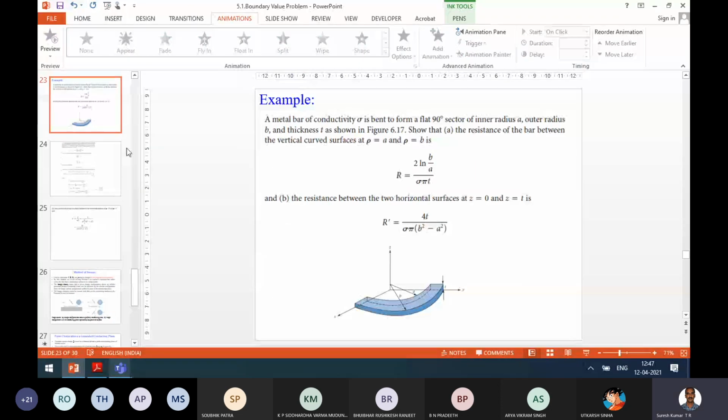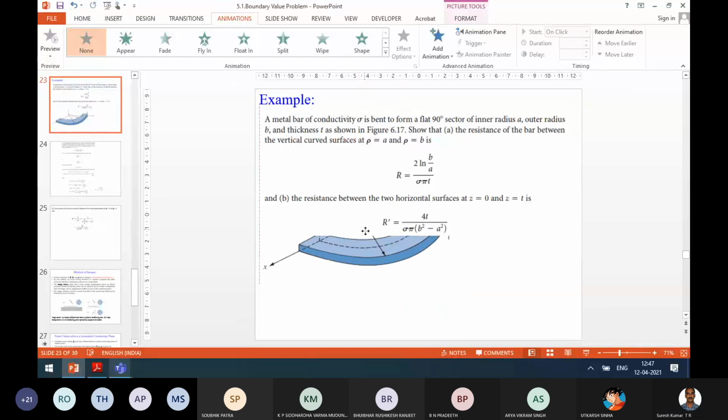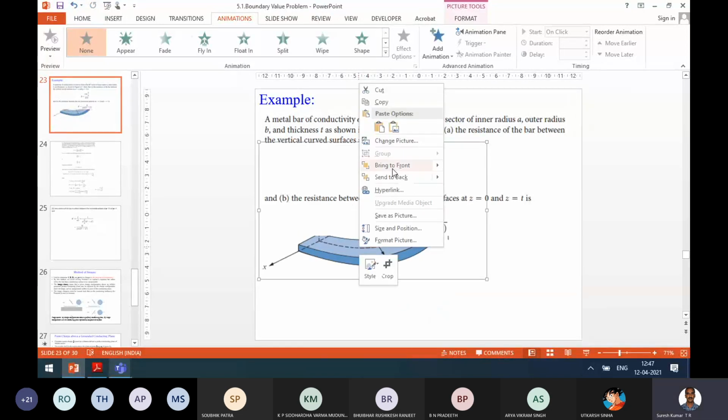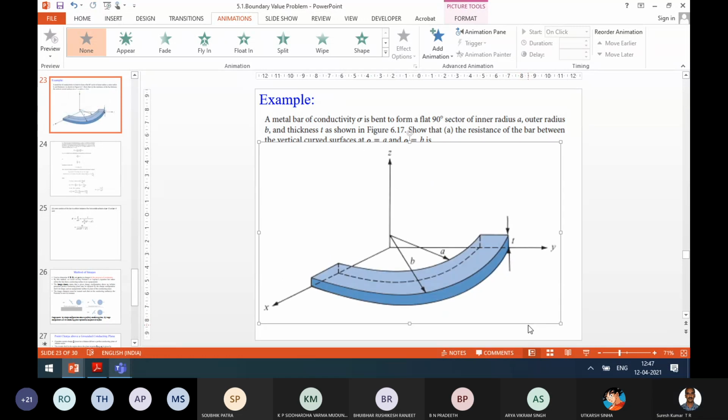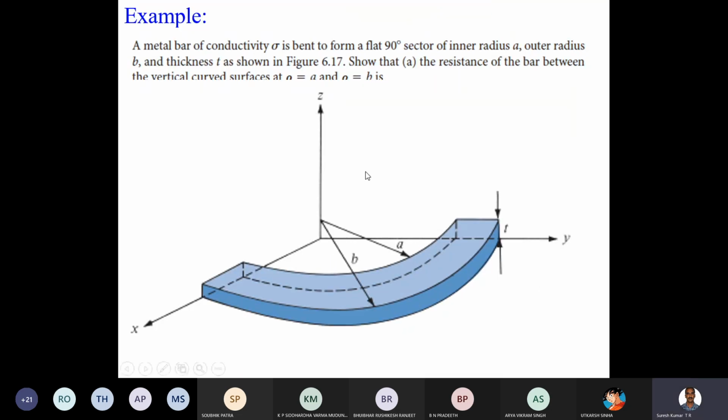Otherwise, I will enlarge this picture, otherwise it's difficult for you to see. The second part of the question, you need to calculate the resistance between Z equal to 0, this lower plane, and Z equal to T.